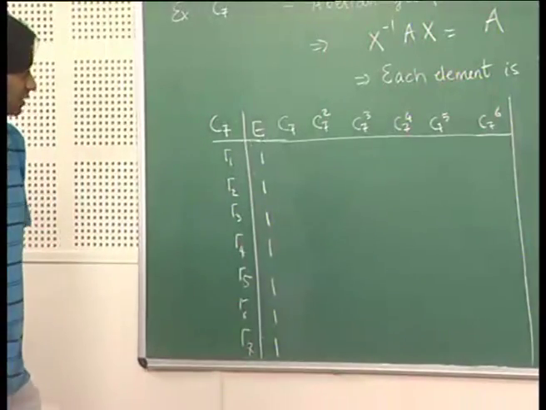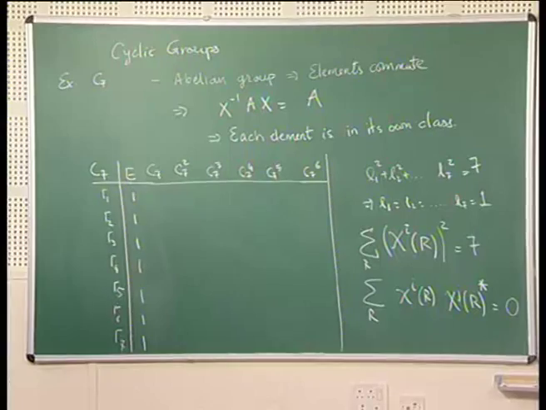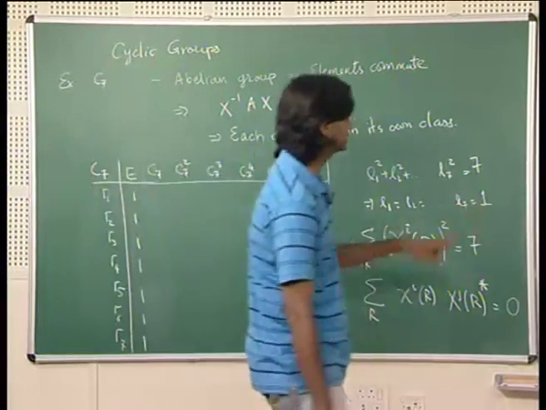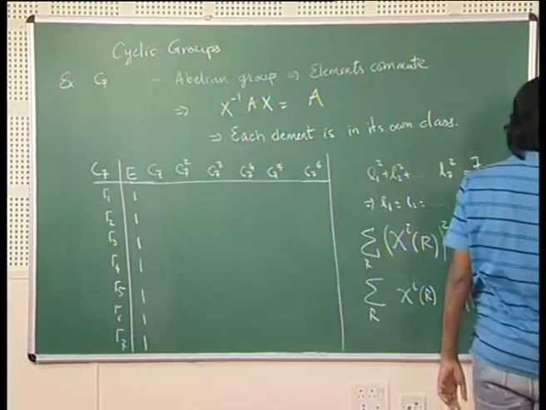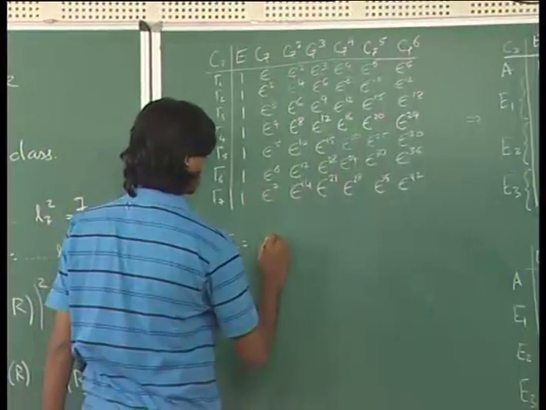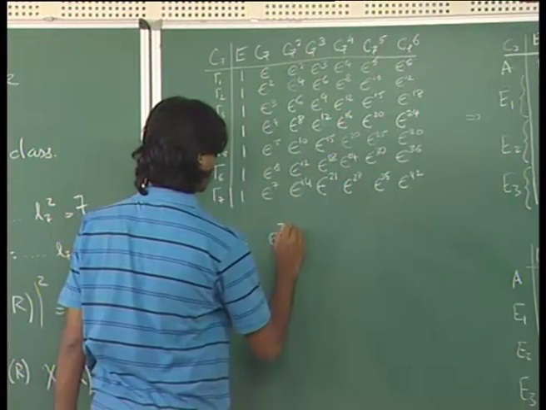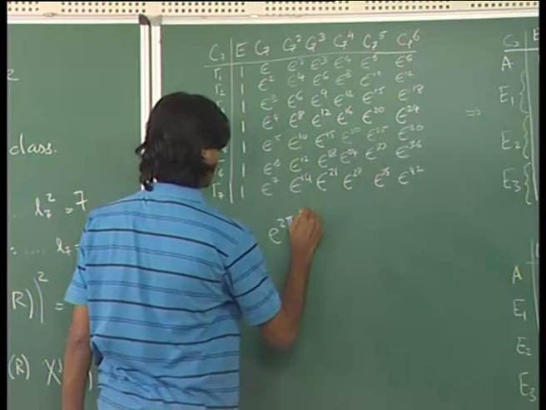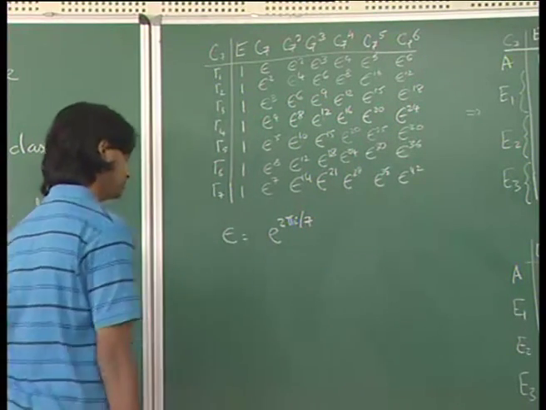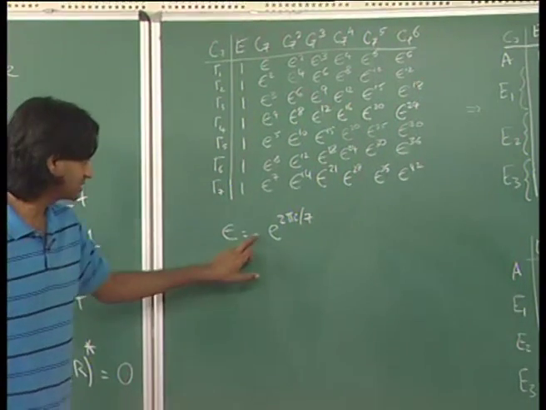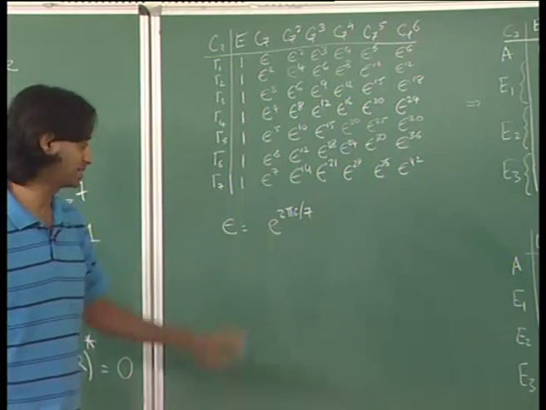And one easy way to satisfy them is shown right here, where epsilon is equal to e to the 2 pi i divided by 7. Epsilon is chosen as the exponential of 2 pi i divided by 7.